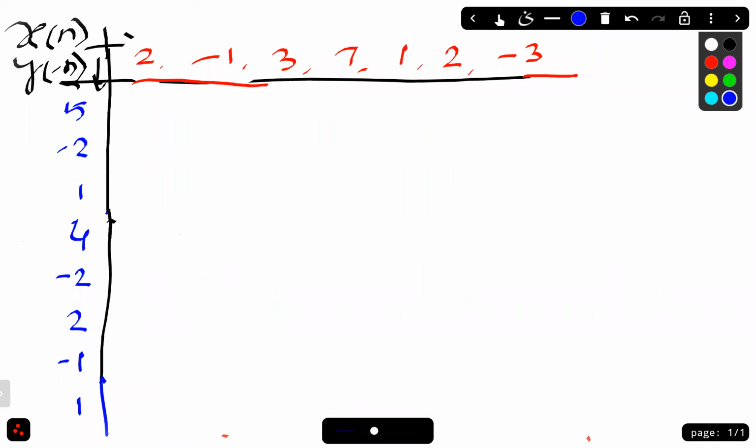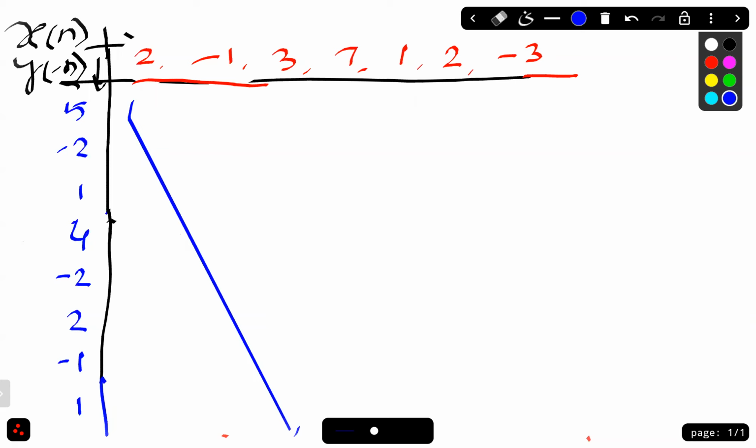So here I'm just multiplying this 5, this row, with the column numbers, that is x of n multiplied with y of n minus n. So it is 5 into 2, 10. 5 into 2, 10, we are writing.